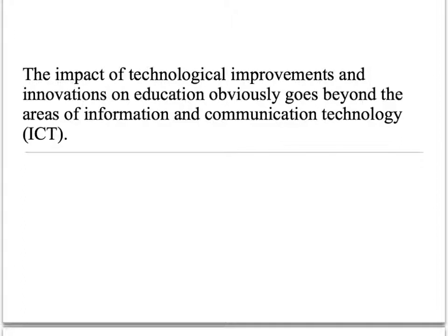Information and Communication Technology, or ICT, is a term that refers to all technology that supports the manipulation and communication of information. Today's students use different technologies to communicate and access information from multiple resources.